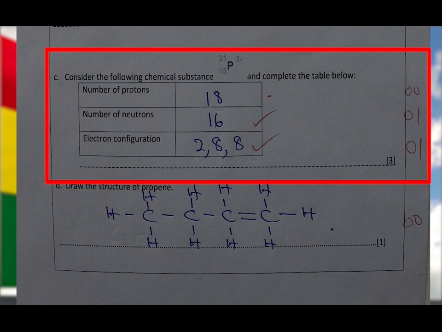You failed to appreciate that the atomic number, or the proton number, of a neutral atom and that of an ion are the same, because the total number of protons in a neutral atom and an ion are the same. And therefore you should have given the atomic number, or the number of protons, to be 15 instead.